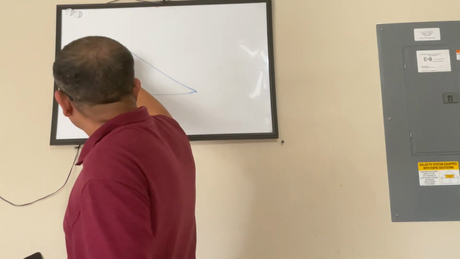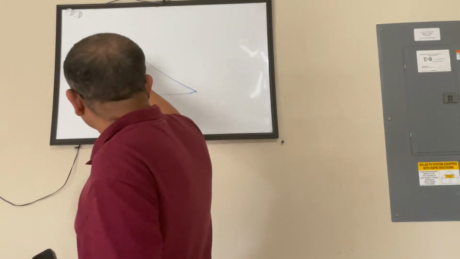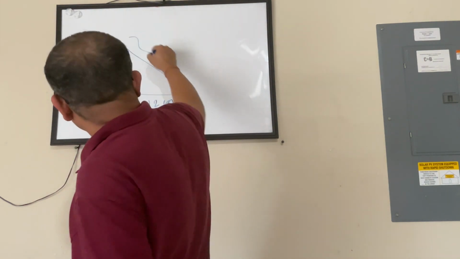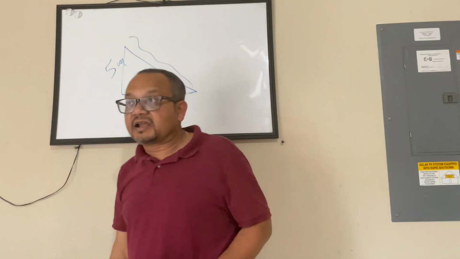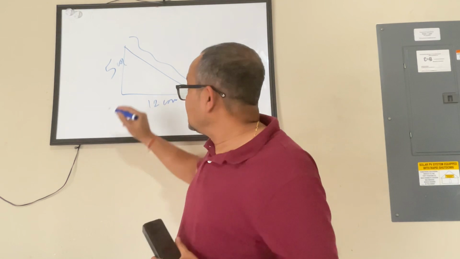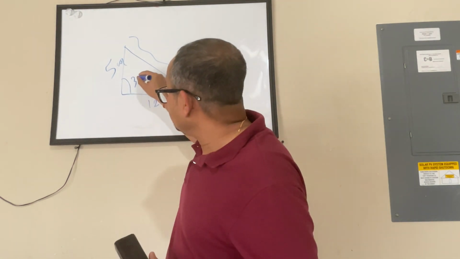You have one side known as 5 centimeters, another side known as 12 centimeters. The question will be: for a right angle triangle, one side is 5 centimeters, the other side is 12 centimeters, and these are the two sides making that 90 degrees. Find the length of the third side. Srivatsav, would you know how to do it?